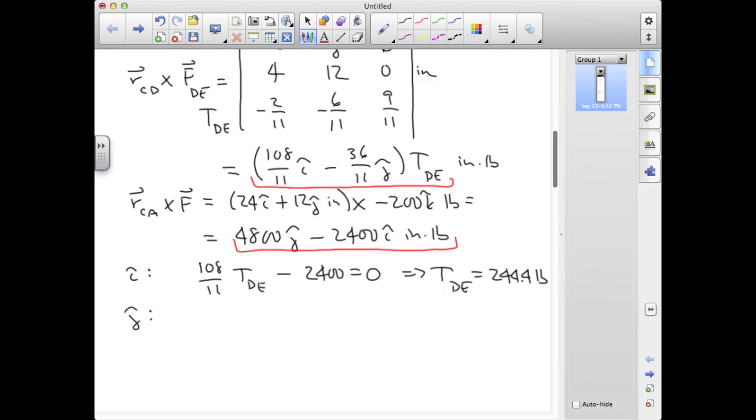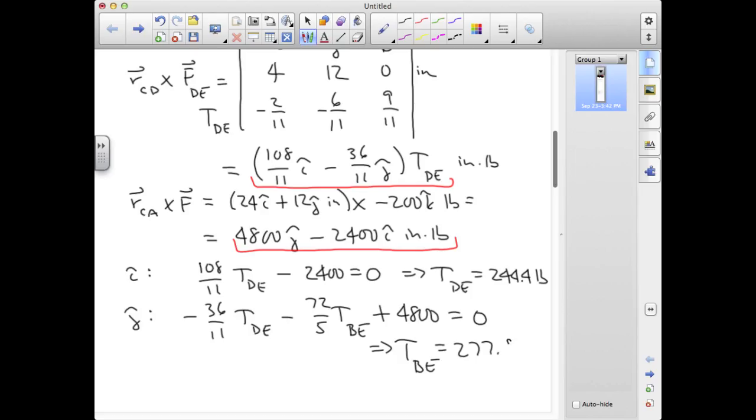In J, we have minus 36 over 11 TDE minus 72 over 5 TBE plus 4,800 equals 0. Since we now know TDE, we can substitute that 244.4 into this equation and solve for TBE, and get that TBE is 277.8 pounds. And in the K direction, we have 0 equals 0.